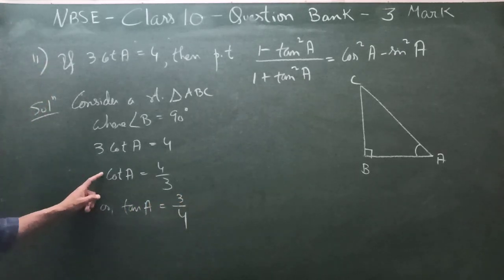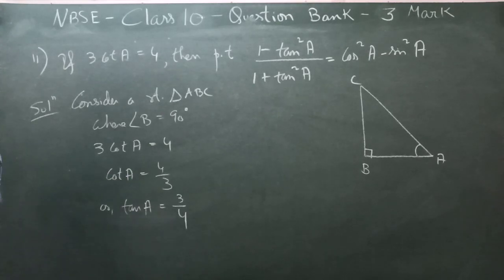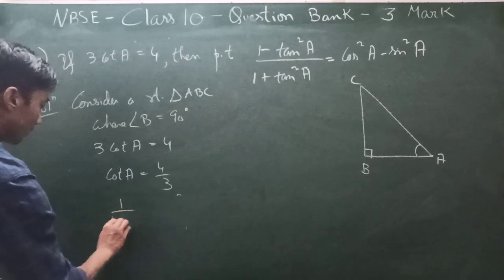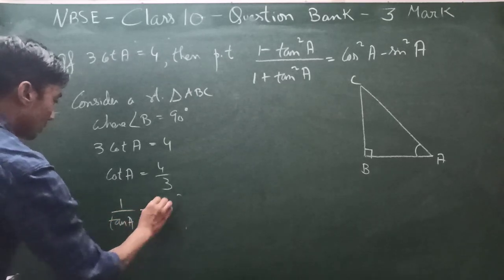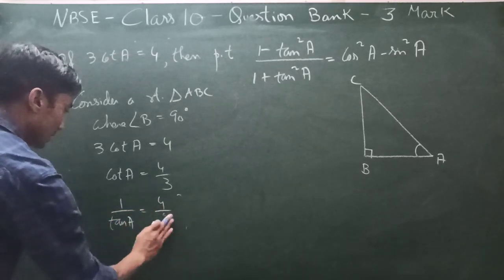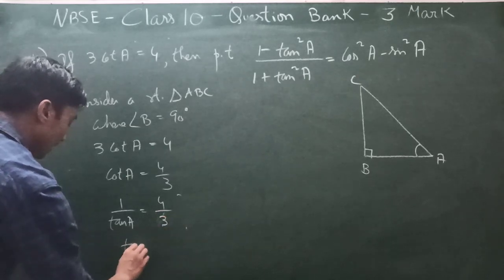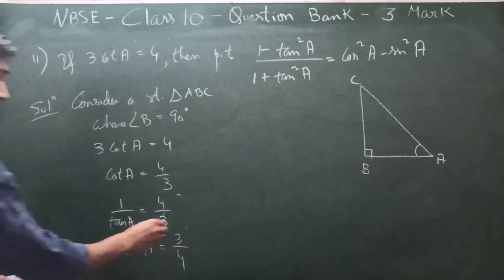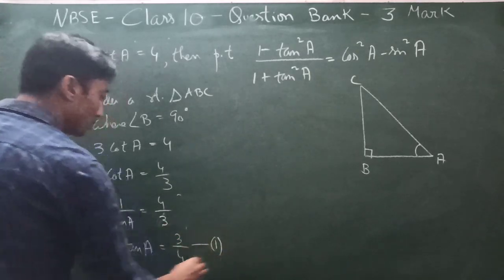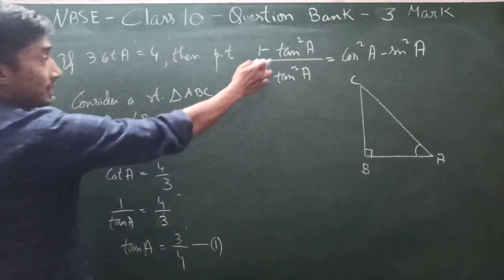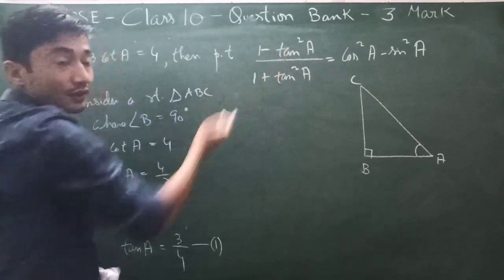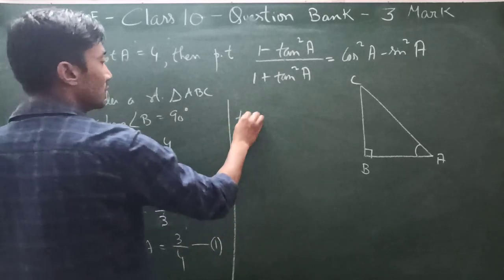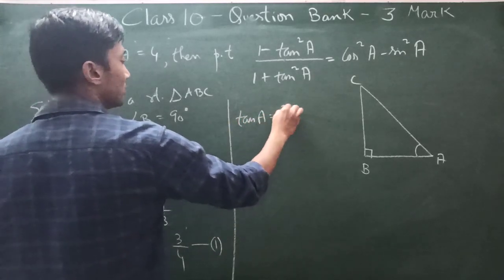Because we know that cot and tan are reciprocals of each other, isn't it? So cot A is nothing but 1 by tan A. So, taking reciprocal on both sides, 3 by 4. I'll just mark this as equation 1 because this term also we might need, because we need tan A in the proof. But again, further I will continue. tan A is equal to 3 by 4.